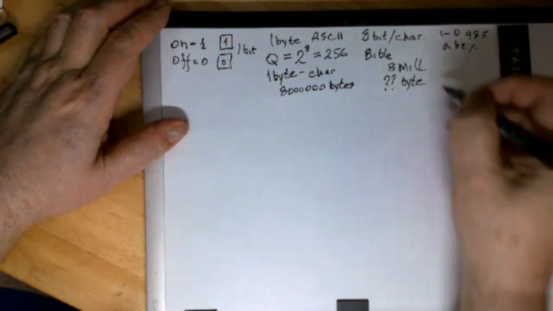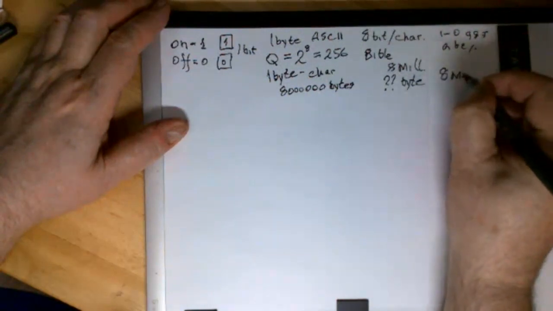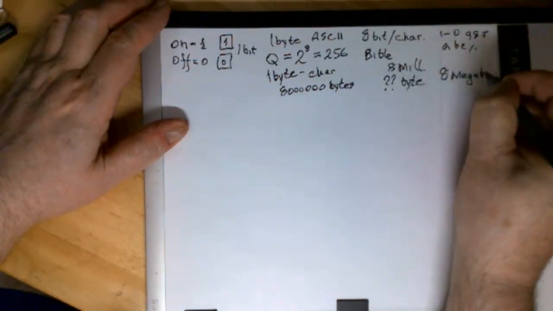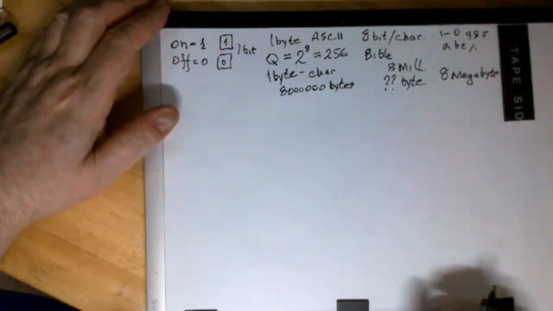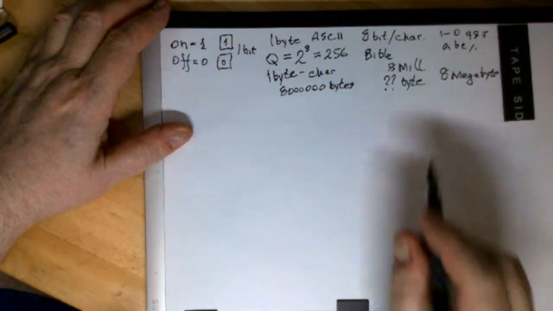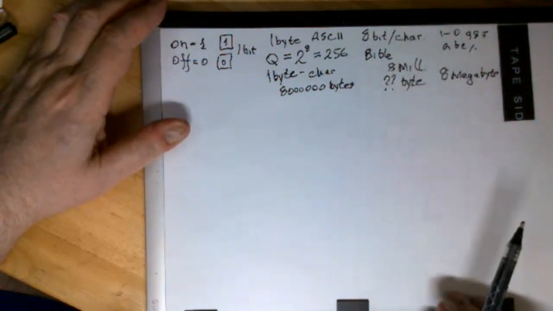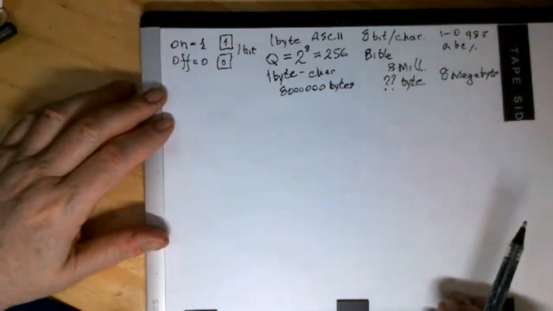So the answer is 8 megabytes, the size of the file. Why so? Because every byte is a character.